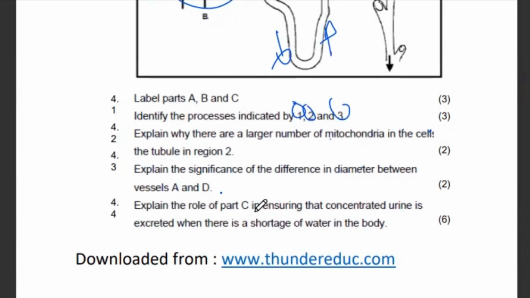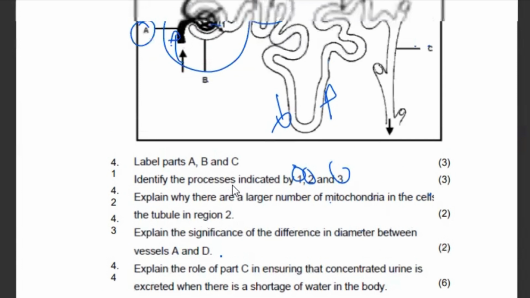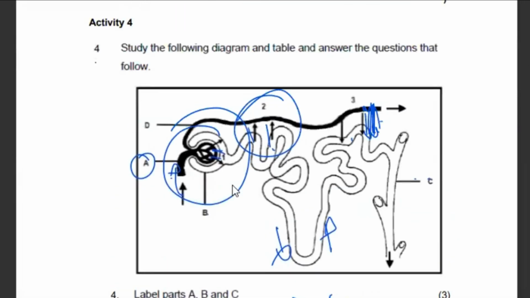Explain the significance of the difference in diameter. So we say that this increases the pressure which builds here, because this is big and the other one is small. So it increases the pressure which is being built. Big and small. So the pressure here helps in the ultrafiltration.